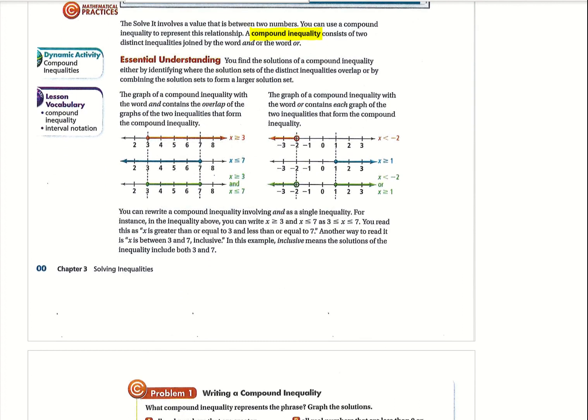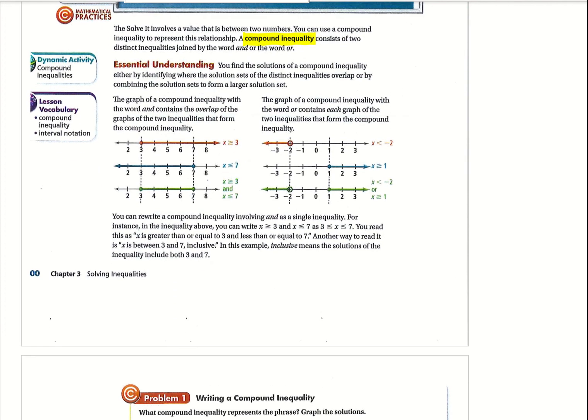So just a couple of things to take note of. I think this right here is a pretty important thing because we're going to see it quite a bit. If you have x is greater than or equal to 3 and x is less than or equal to 7, so we have an and, we can write them as one inequality rather than two.